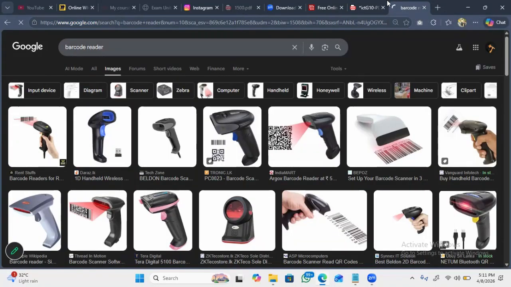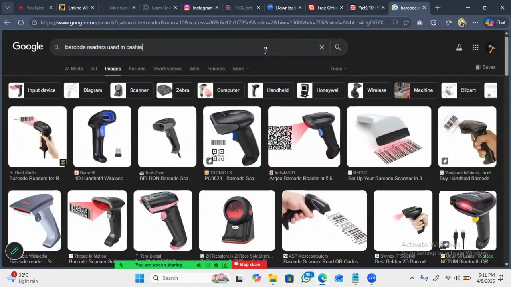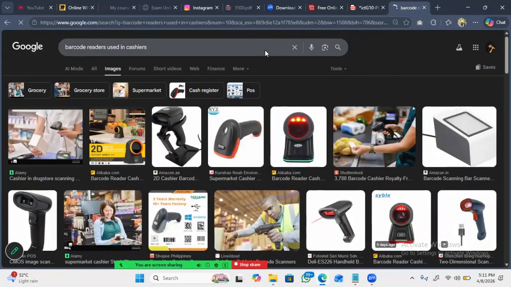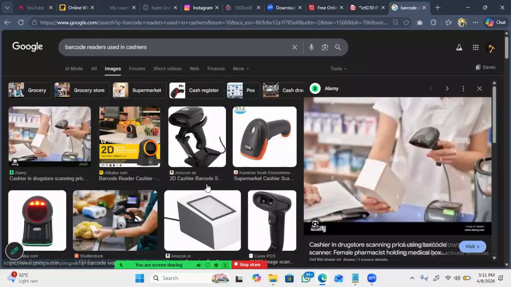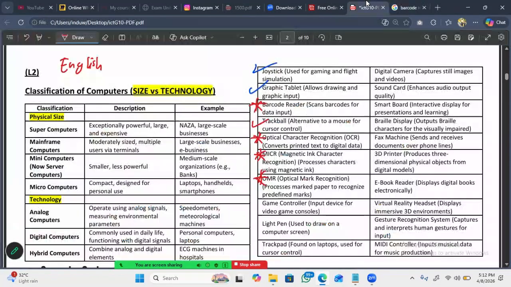Barcode readers are used by cashiers usually. See, this is the process. When he touches the label, the price, the product information, everything will be directly extracted to the screen, and it will be easy for the cashier to add those data into the bill. Very simple thing. That's the barcode reader.